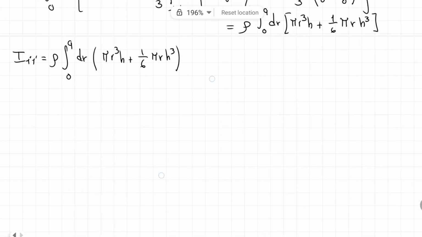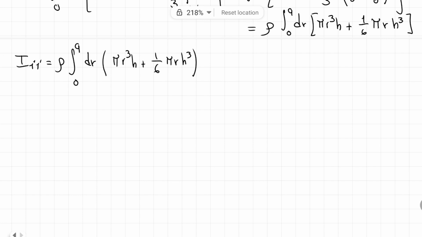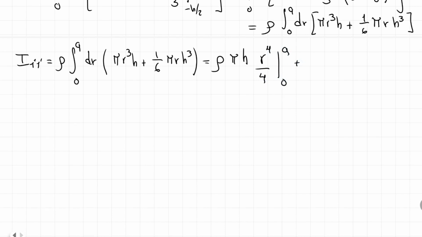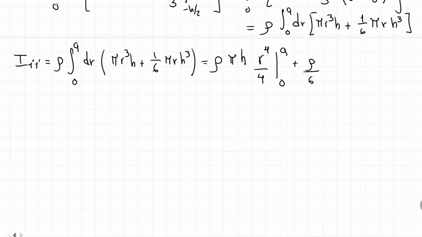Okay, this is what we got on the integral for the component 1,1 of the inertia tensor. So we need to keep integrating. This will be equal to the density times the integral. Well, let me make the integral. This will be the density pi times h r to the 4th divided by 4 from 0 to a, and then plus the density divided by 6 times pi h cubed, and then r squared divided by 2 from 0 to a.